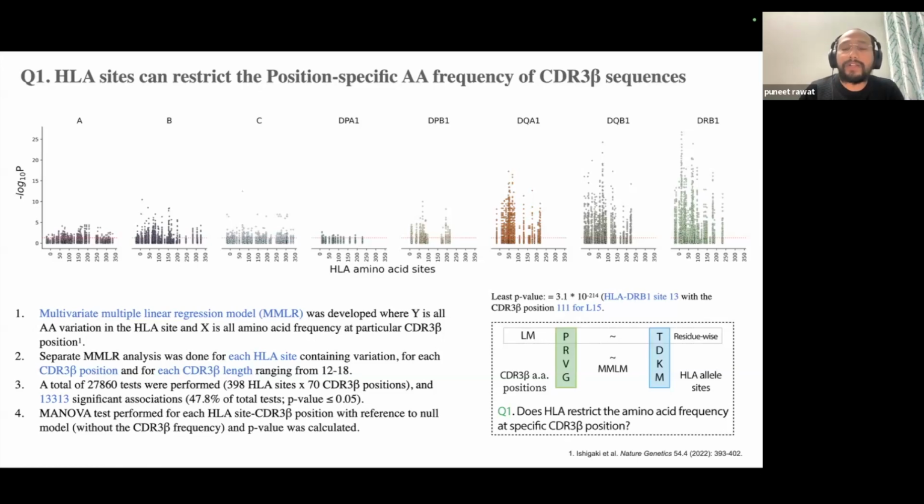We did the same analysis for our own cohort, and we found that the variations actually affect your CDR3 frequencies, as you can see, especially for DQA1, DQB1, and DRB1. They have much lower p-values. That means the frequency of CDR3 sequences is really being affected by the variation in HLA.